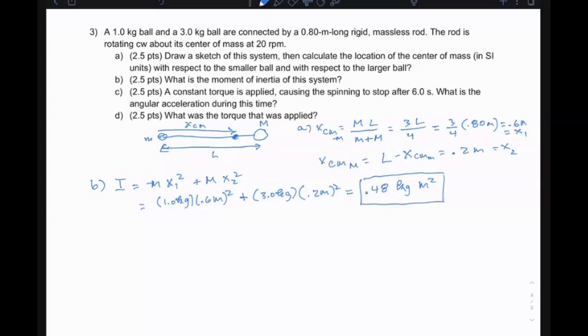In part C, a constant torque is applied, causing the spinning to stop after 6.0 seconds. What is the angular acceleration during this time?